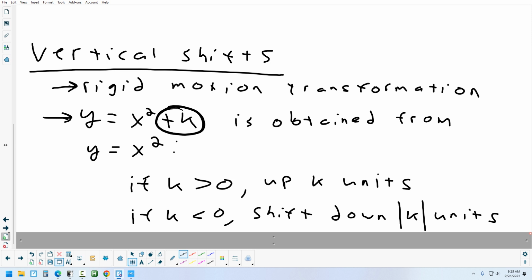If you want to say down, then you can say down 3. If you want to say up, you say up 3. But don't say down negative 3. That doesn't make sense. So in general, any kind of adding or subtracting on the end is going to move it up and down.